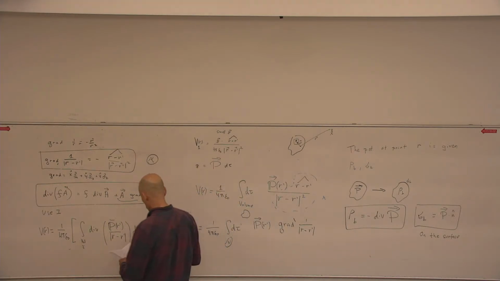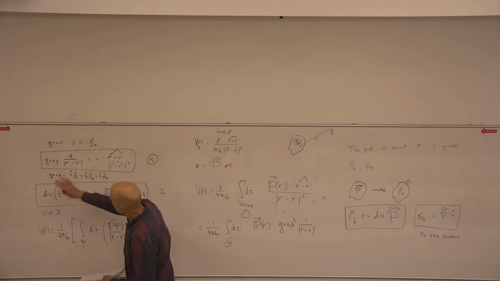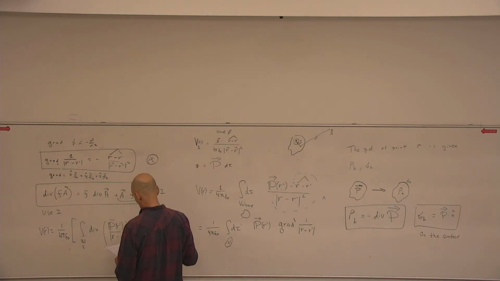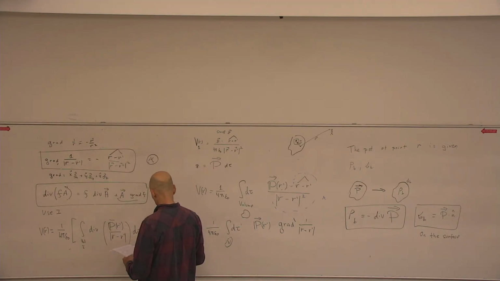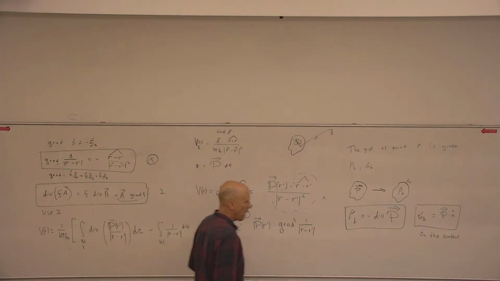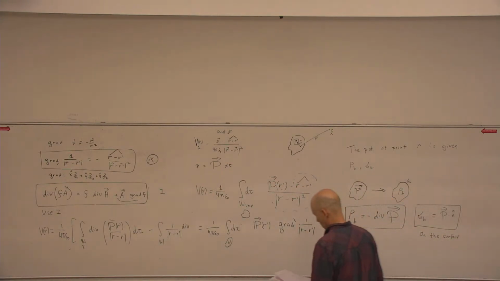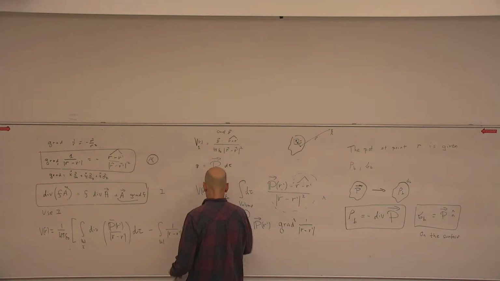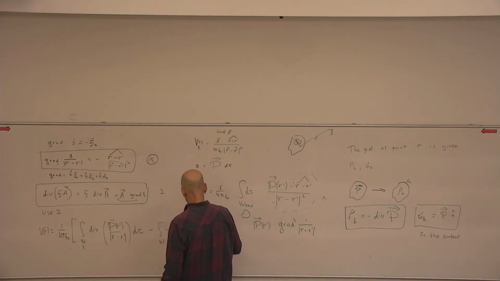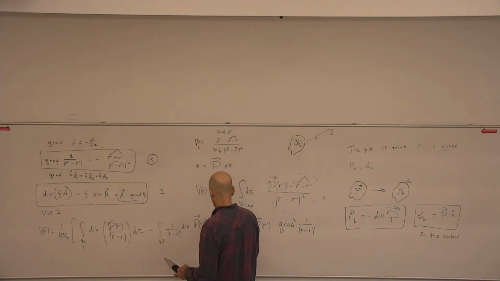So the other term is going to be, and you need to put it on the other side of the equation, so you'll get a minus integral over still the volume, 1 over r minus r prime, div of P of r prime. It's a vector, it's the macroscopic polarization field, d tau.